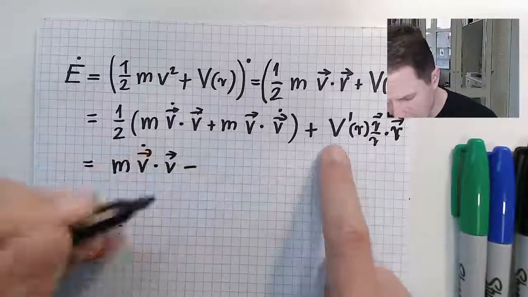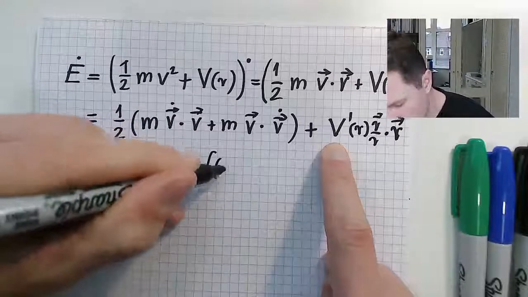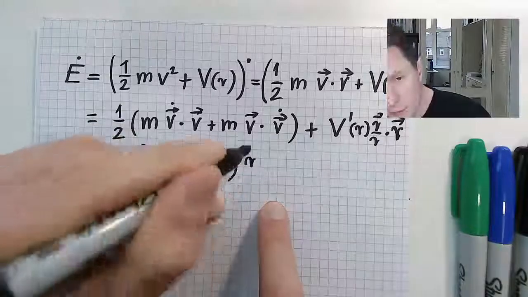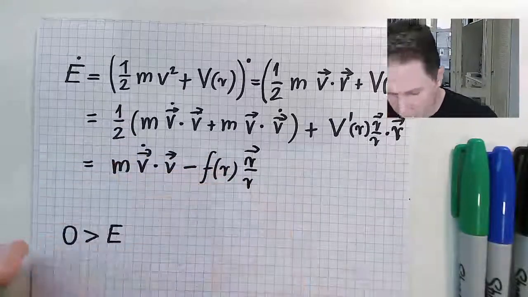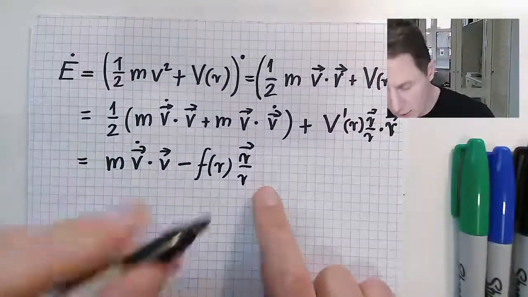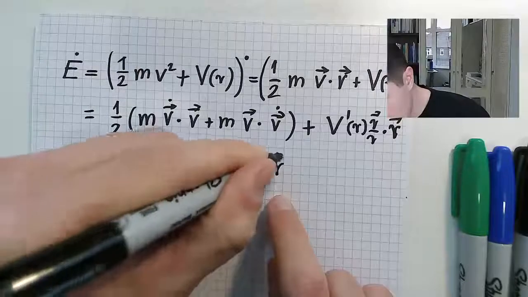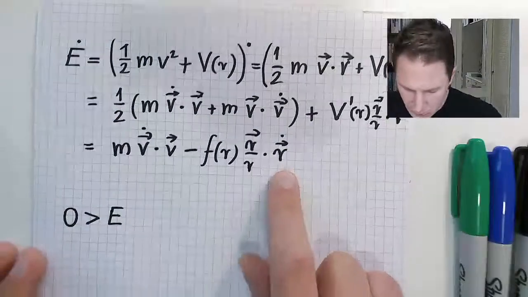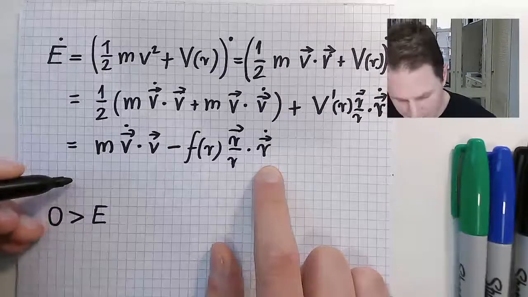And then what we have here is this V prime, which is the force: minus the magnitude of the force times the unit vector pointing away from the center, dot product with r dot.